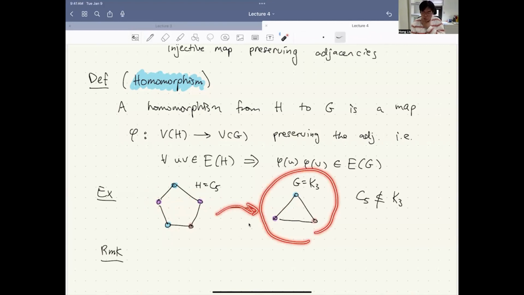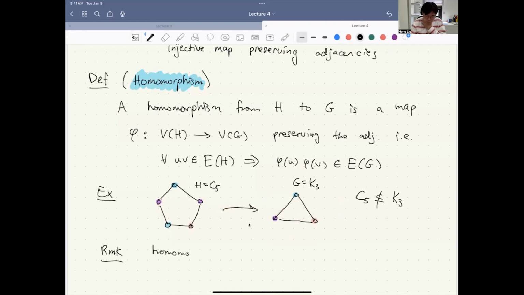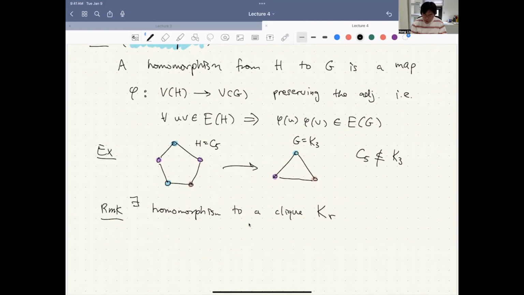You have a homomorphism to a complete graph, a clique K_R. You can find a homomorphism from H to K_R if and only if the chromatic number of H is at most R. These two are the same.